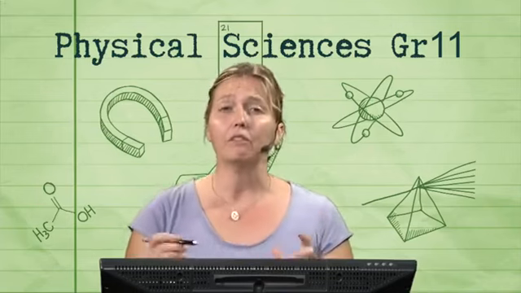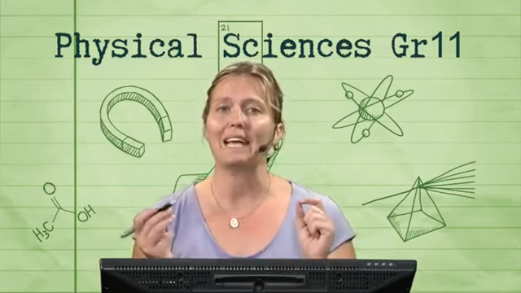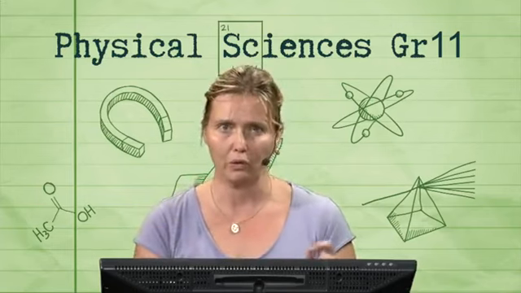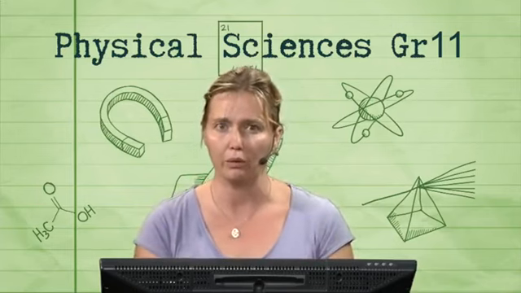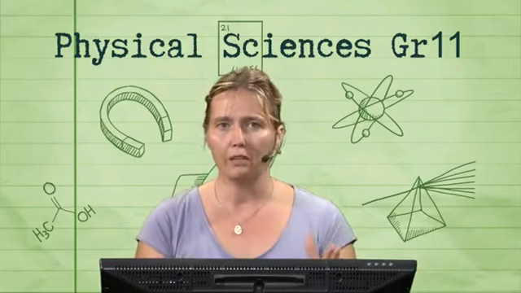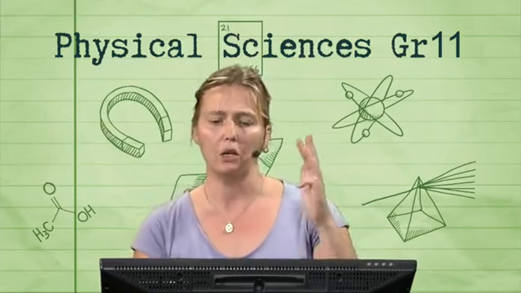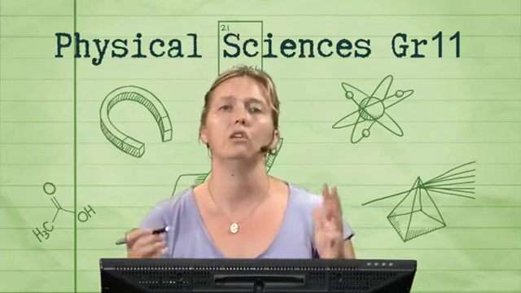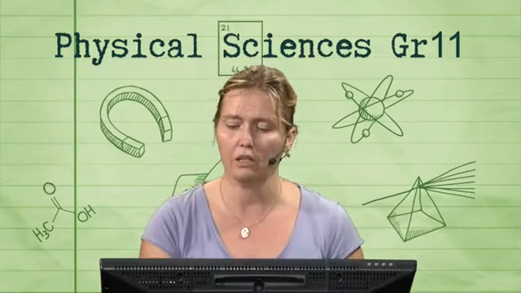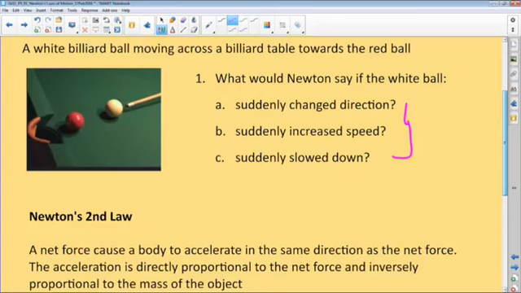And another way of describing external force is a net force greater than 0. What is Newton going to say about these three options? If it suddenly changes direction, suddenly increases speed, or suddenly slows down, Newton's going to say what? He's going to say that there was an external force that was acting.